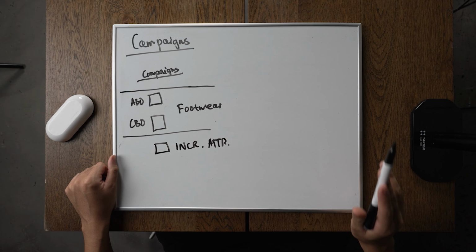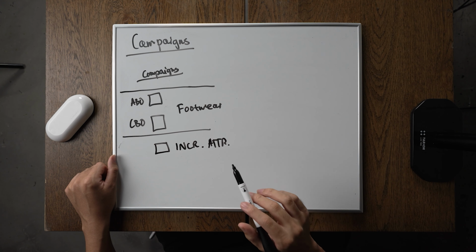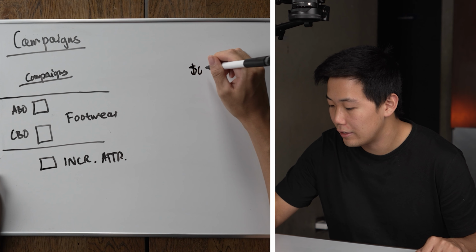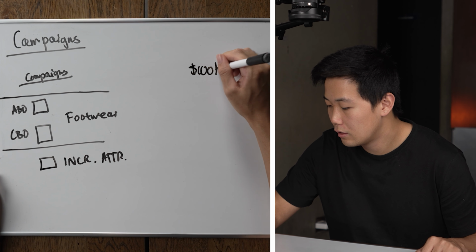Once you hit a certain level of spend, you want to start testing different campaign types. For example, incremental attribution. This runs on a different campaign type and a different algorithm that is aimed at targeting incrementality. So if you think about it, when you have a smaller brand that's only doing 100K a month, you don't need to worry as much about incrementality because you don't have that many existing customers to begin with.